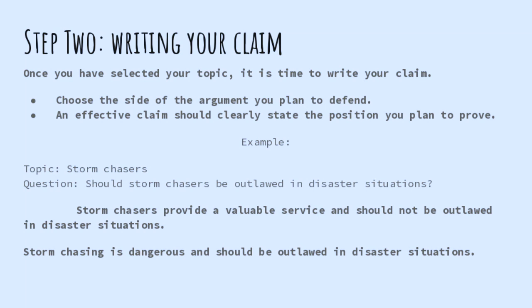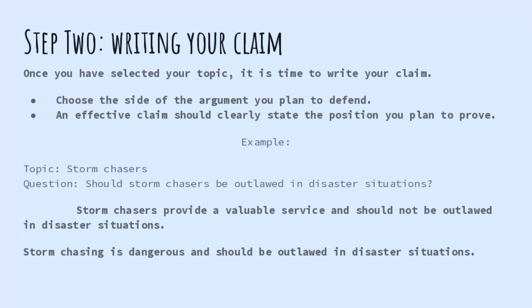So you could do playing sports is important and should not be outlawed for teenagers. Or playing dangerous sports is dangerous and should be outlawed for teenagers. Okay. So what I want you guys to do is stay focused, okay, and choose one of those.